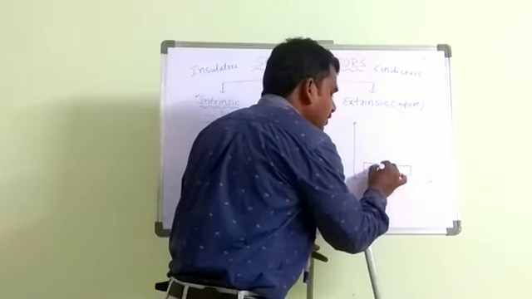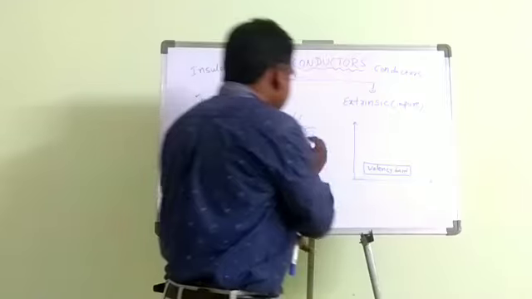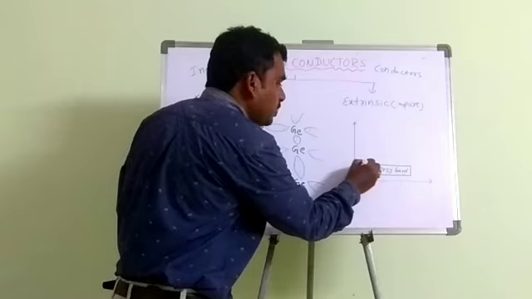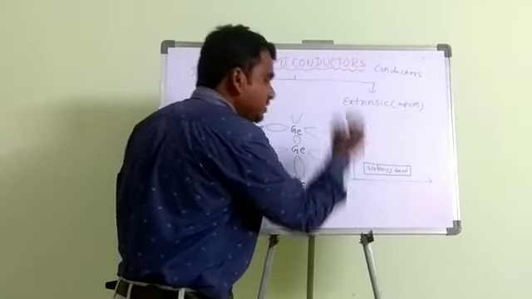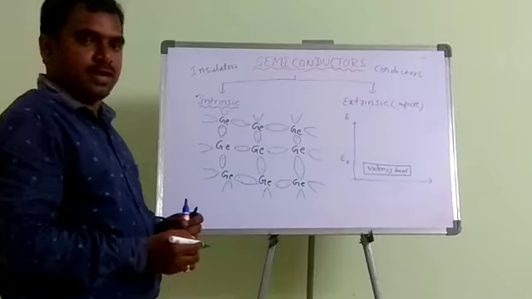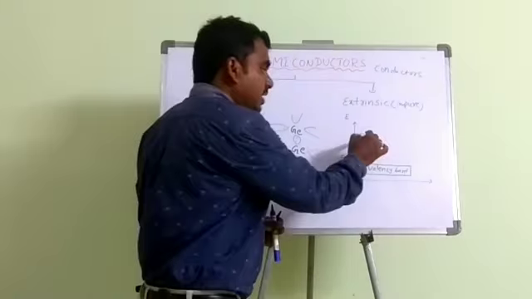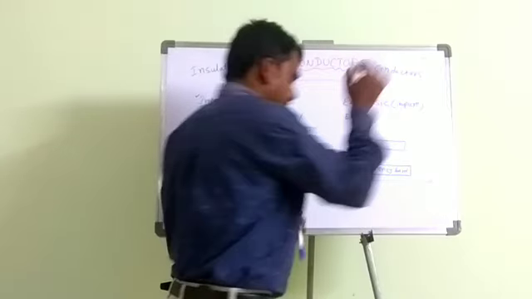This is the valency band, in which these valency electrons exist. The energy corresponding to it, we call E suffix B. And if you supply energy, the valency electrons will go from the valency band to the next level.